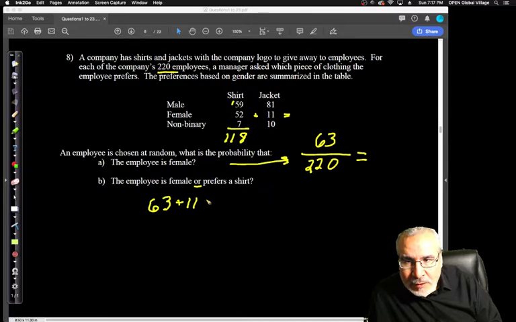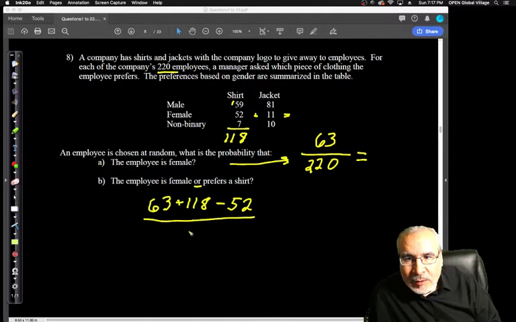This is kind of following the formula. And then what we did is, hopefully you realize that you counted this 52 twice. We counted it when we were counting the females. We also counted it for those who prefer a shirt. So 52 got counted twice. So that's in that formula where we subtract off the overlapping part that we ended up counting twice.